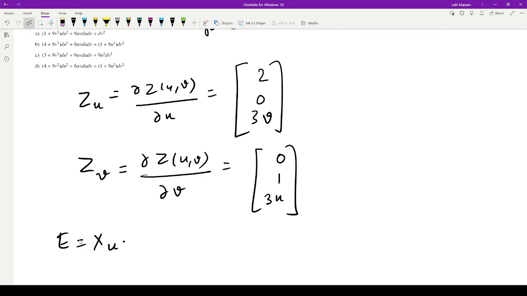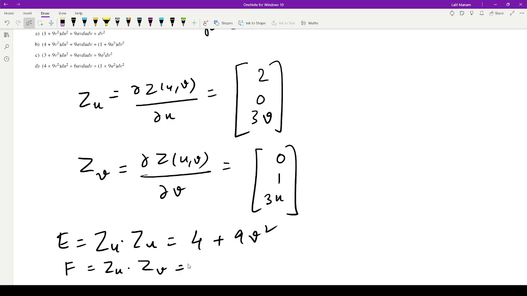So what we need to find are these coefficients. We are using Z here. So E is Zu dot Zu, which is 2 squared is 4 plus 9v square. F is Zu dot Zv, which is 9uv.